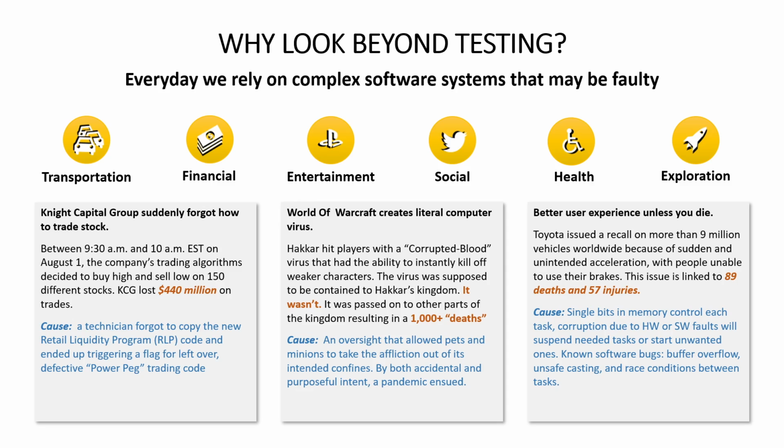So maybe some bits were flipped because of hardware defects, and then suddenly a car would not be able to stop anymore, and the brake system would fail. And maybe even the acceleration would go up. I'm not sure, but this was a really serious issue in Toyota cars, with multiple people dying because of this software issue.